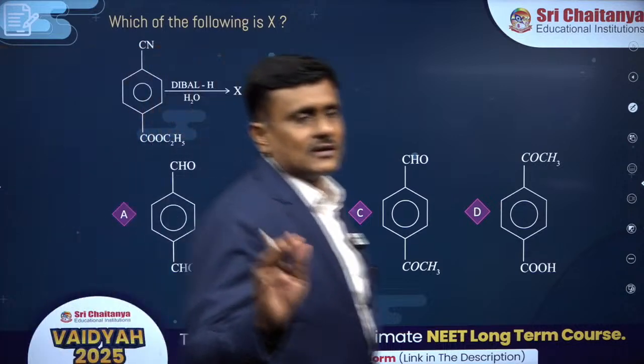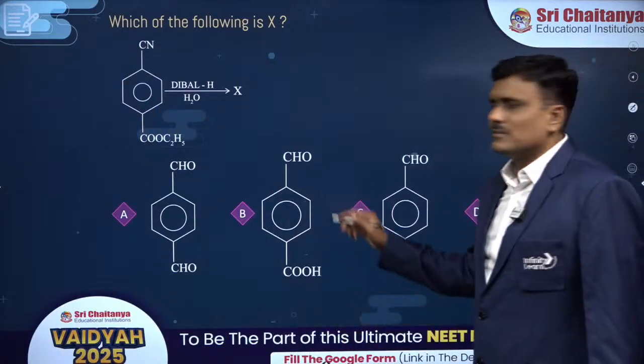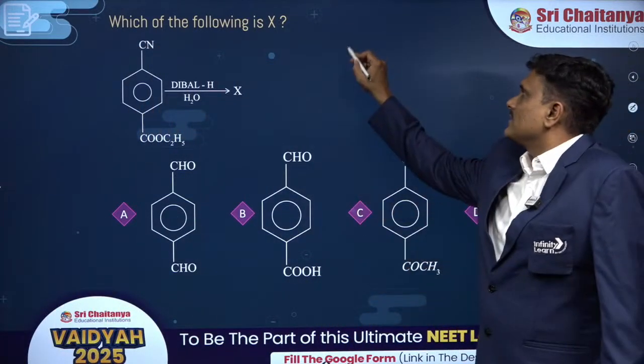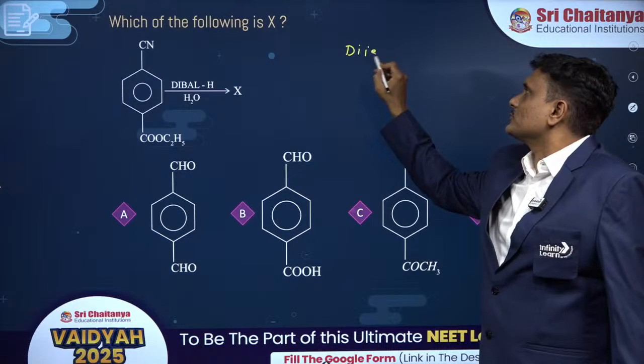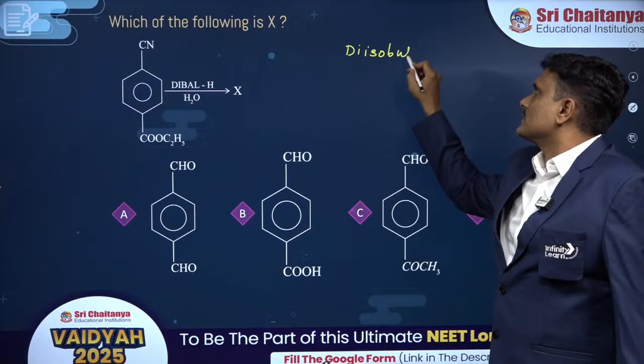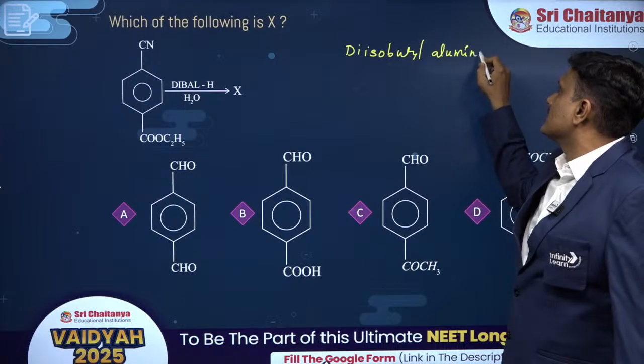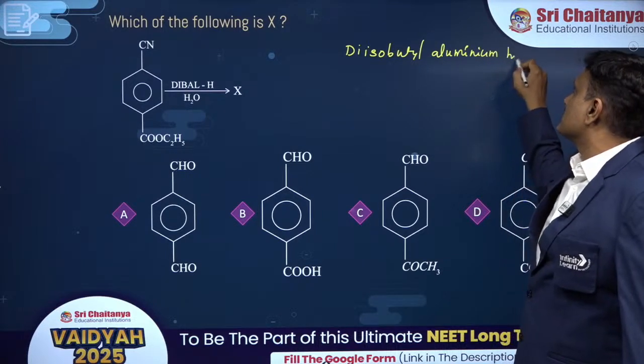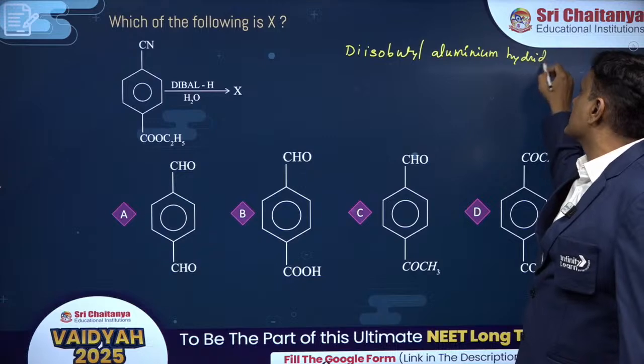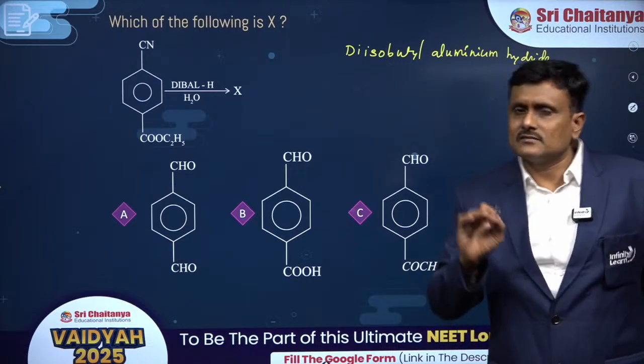Beautiful question. Dibal. What is dibal? By the way, di-iso-butyl aluminum hydride. It is something like lithium aluminum hydride, but very selective and mild. That's all.